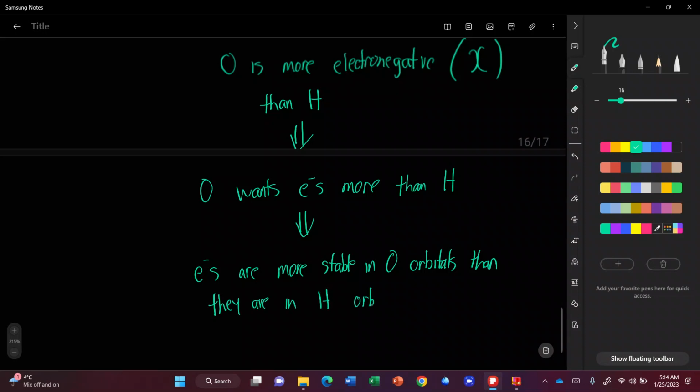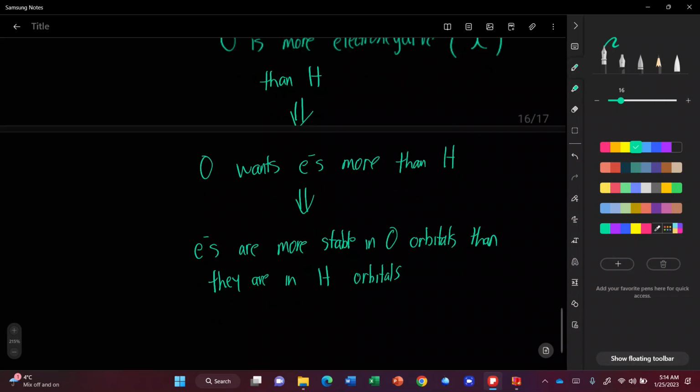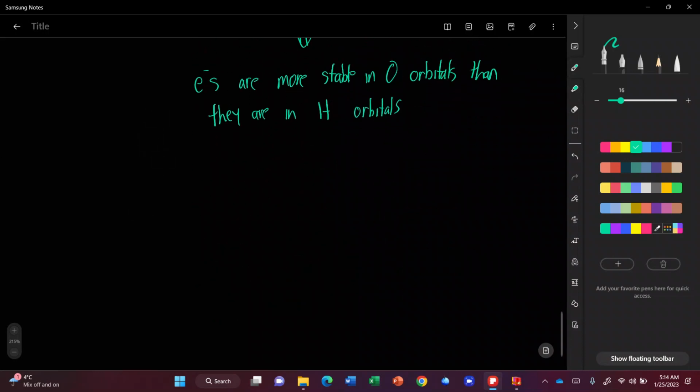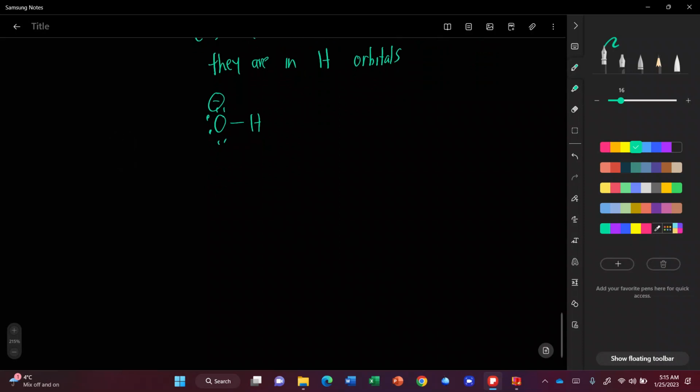And so before, when I was trying to figure out a molecular orbital diagram for OH minus, I drew the 4 sp3 orbitals of oxygen sort of on the same energy level as hydrogen.